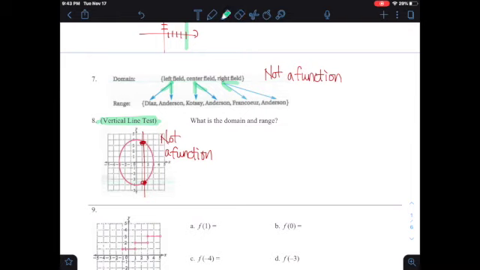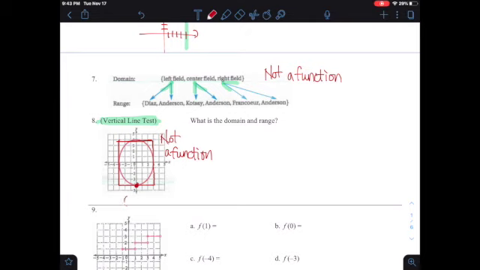So now, what is the domain and the range of this one? Well, domain and range of this guy is kind of funny because you literally can put a box around this little oval shape. And if you do that, you can say, oh, I have the lowest points right here.